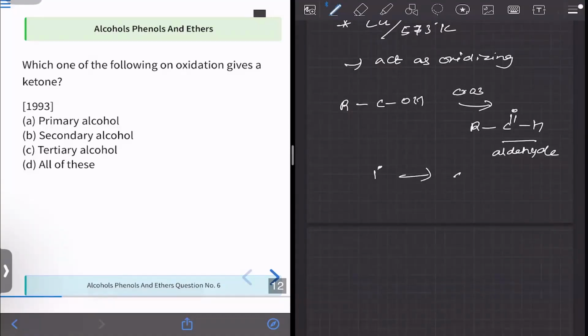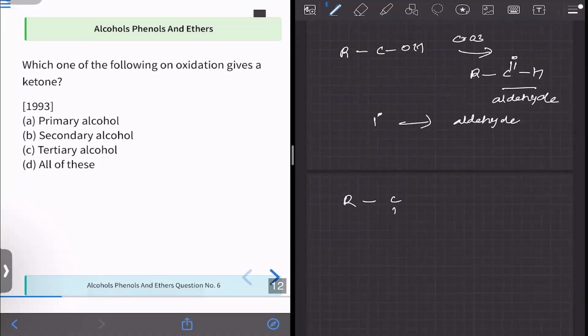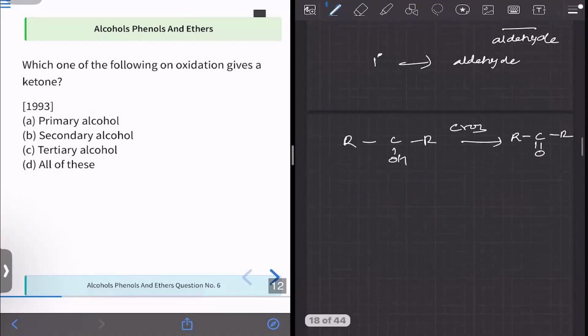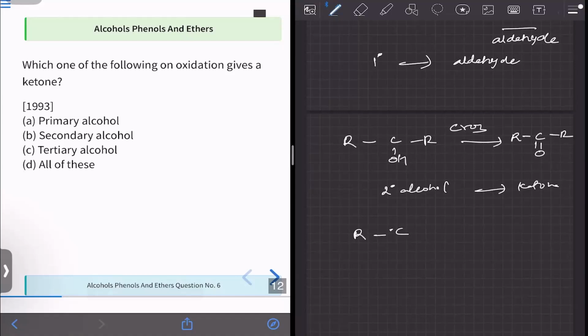So primary alcohol gives aldehyde, and whenever secondary alcohol undergoes oxidation, it produces ketone. Secondary alcohol produces ketone, and tertiary alcohol, whenever it reacts, does not produce any aldehyde or ketone.